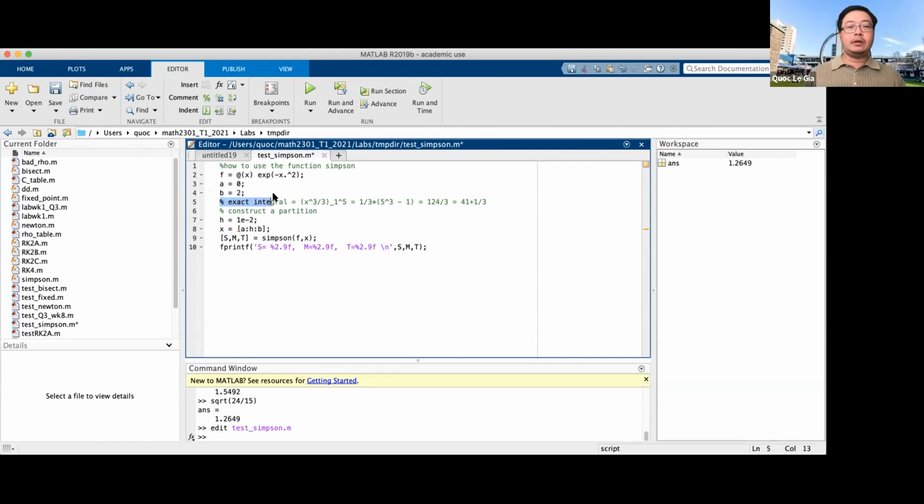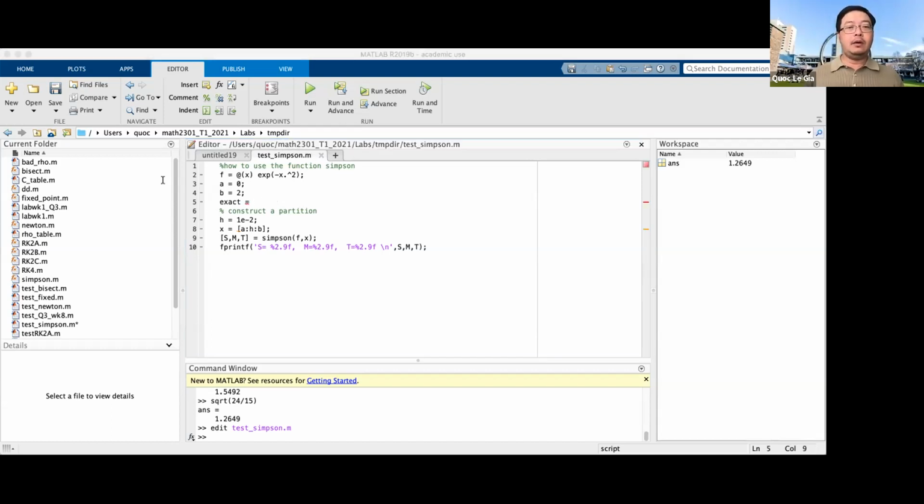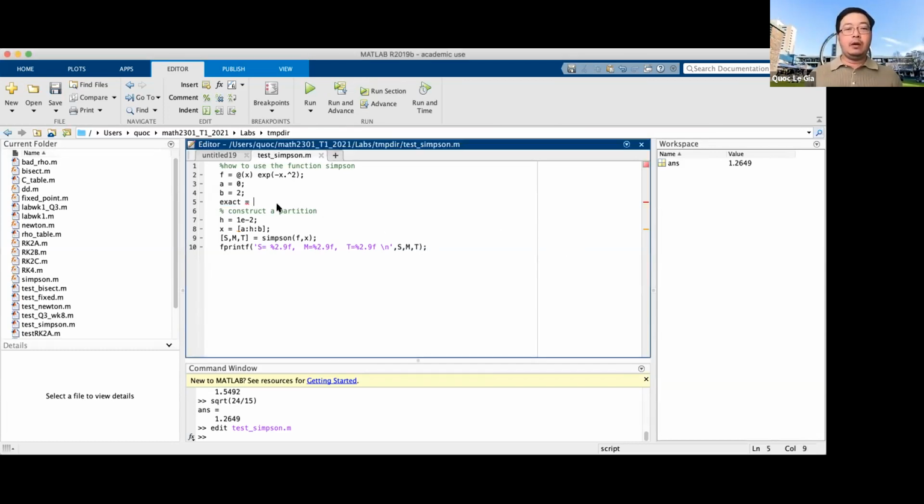Now, what is the exact value? We don't have the formula anymore, so we assume we have an exact value given by this. There is no closed form for the antiderivative, so we have to use numeric values here. If I put h1 to be 1, you can do this by hand, but suppose we're lazy, so we just use MATLAB.